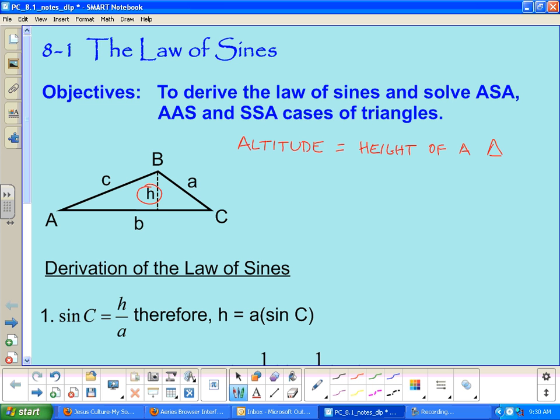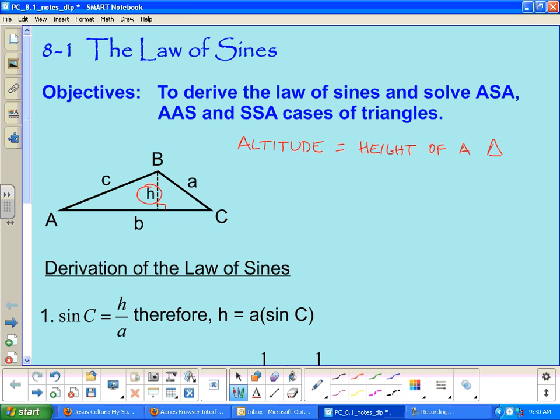Now, more importantly, is the fact that how does that altitude connect? That altitude connects to the side across from where it's coming from at a 90 degree angle. Right? So I can draw three altitudes from all three vertices of any given triangle. Sometimes what happens, though, is my altitude has to be drawn outside of my triangle.